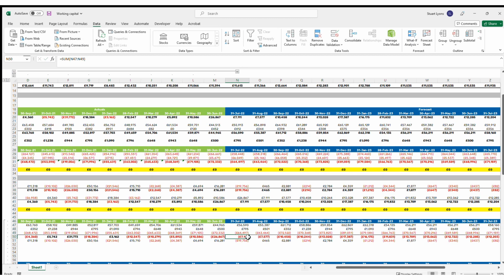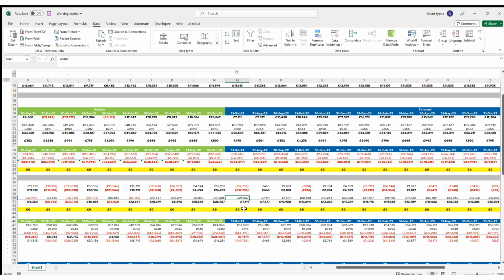We've done that. We then add up all of those items to get our net working capital movement, which we then plug into our cash flow. And so the opening cash in our forecast is obviously our actual figure from the closing cash. We then have the net working capital movement from our actuals to our forecast of minus 19k.